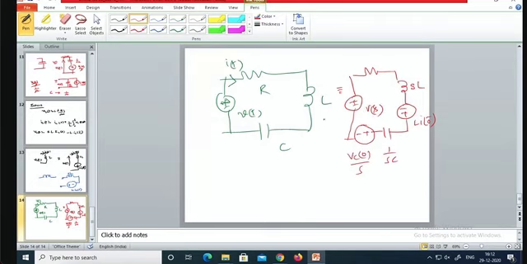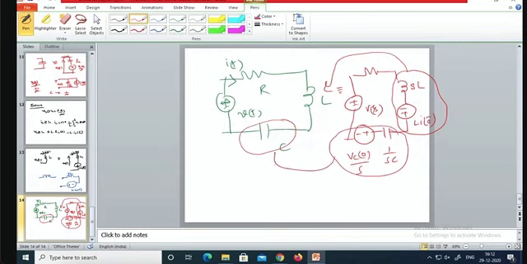So the L branch has been replaced by this branch, and this branch has been replaced by this branch. So the whole of L is replaced by this one and this one. That's all. Okay. So now you apply KCL. Sorry, if you apply KVL, you will get the answer.